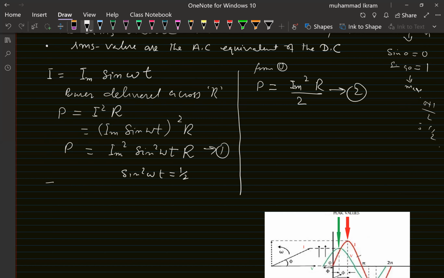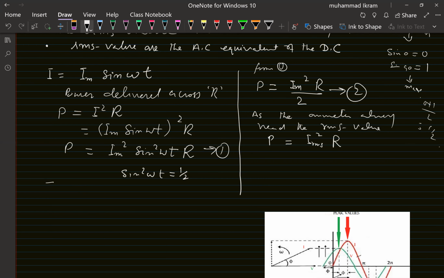If you remember, as I told, the meter always reads the RMS values. So the average power delivered to the circuit must be equal to P equals IRMS square into R. Clear?